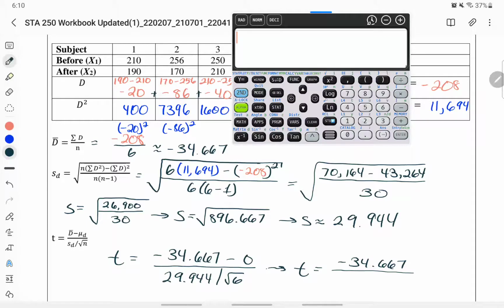The bottom, 29.944 divided by the square root of 6, is going to be 12.225. Negative 34.667 divided by 12.225. Let's take 3 numbers after the decimal: negative 2.836.